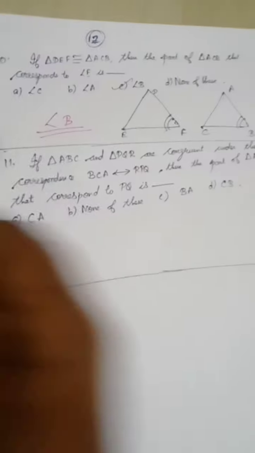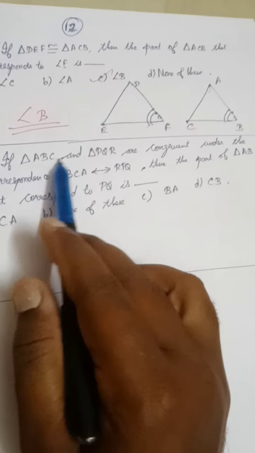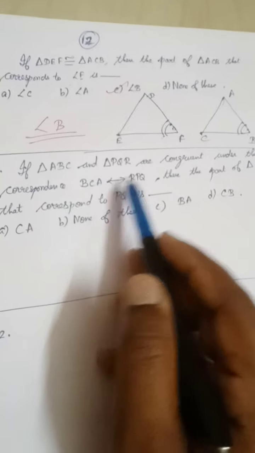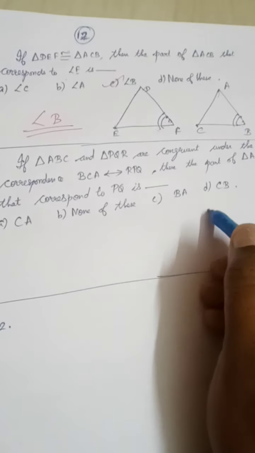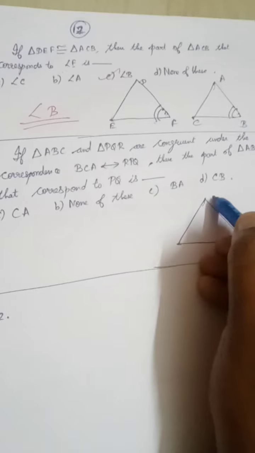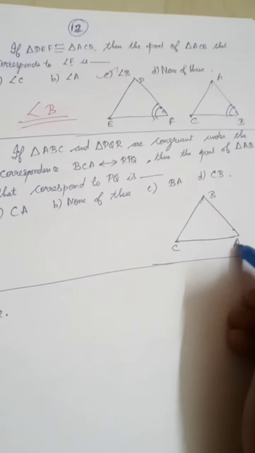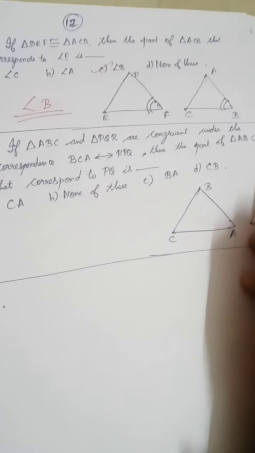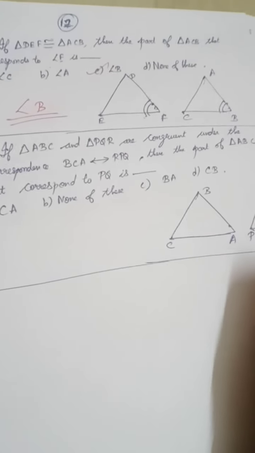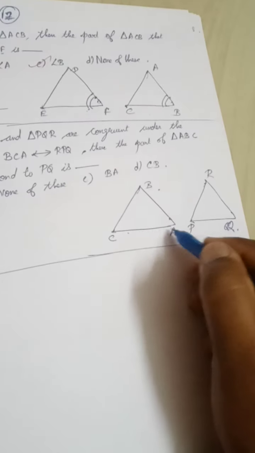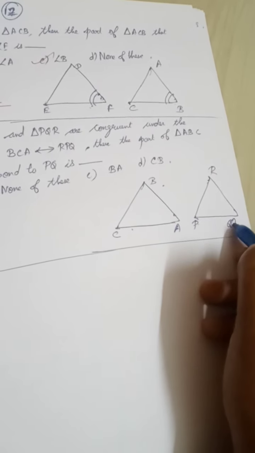The next one. If triangle ABC and triangle PQR are congruent under the correspondence BCA corresponding to RPQ. BCA, RPQ.